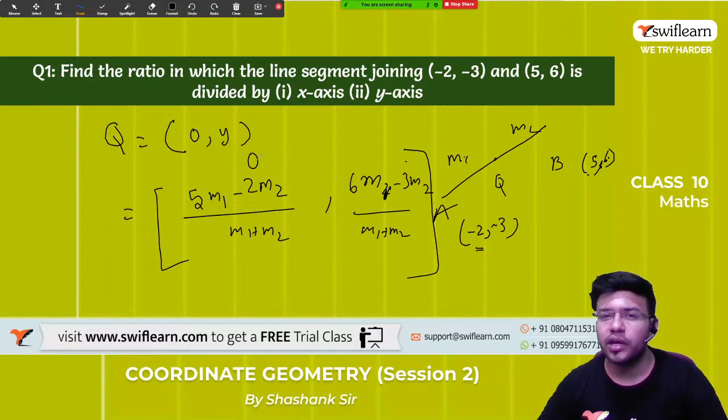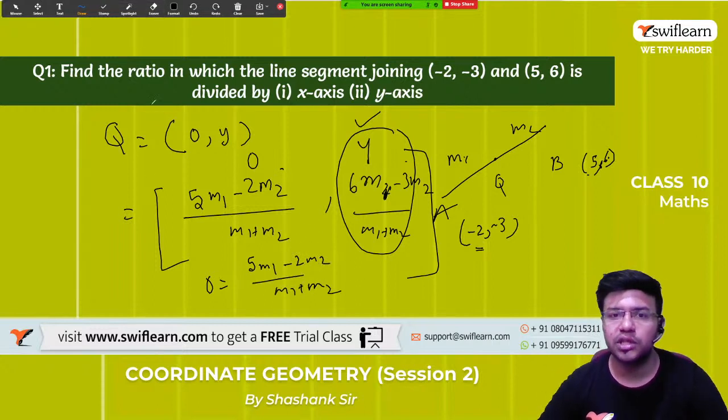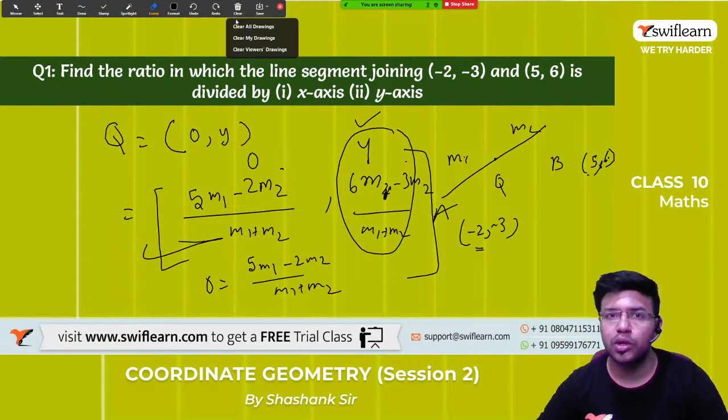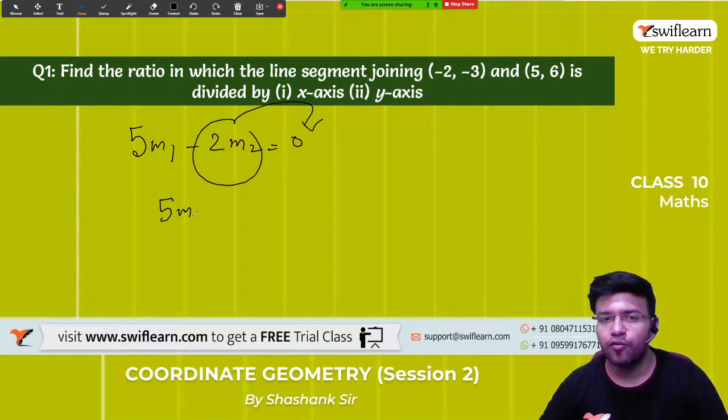This coordinate is 0, and this coordinate is y. This we cannot solve because y is unknown. So solve this: 0 is equal to (5m1 minus 2m2) divided by (m1 plus m2). m1 plus m2 goes to the other side, and we will get 5m1 minus 2m2 equal to 0. Take this to the other side: 5m1 is equal to 2m2. Now m1 by m2 is 2 by 5.